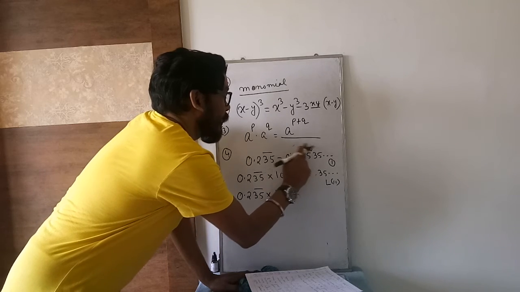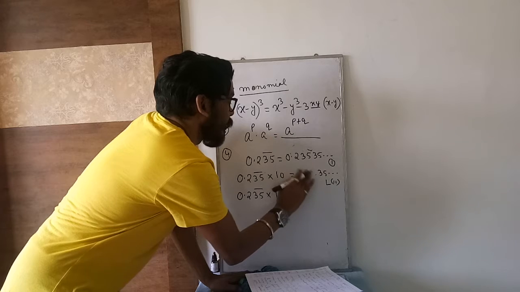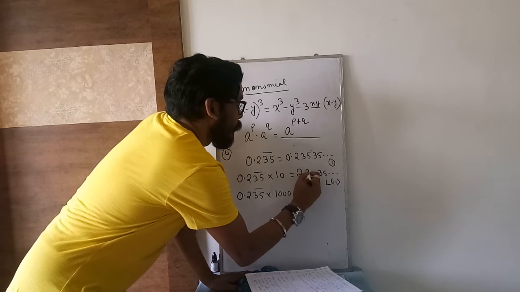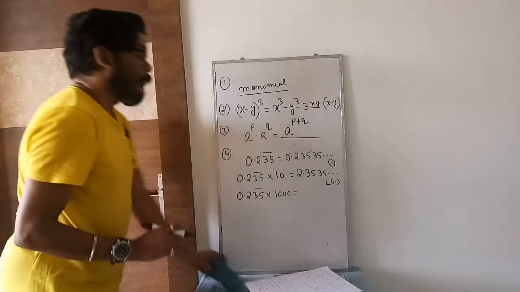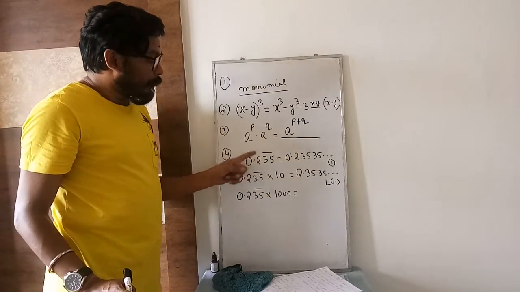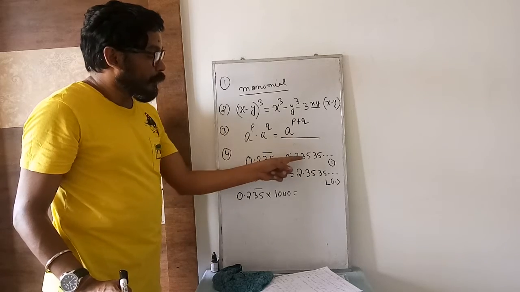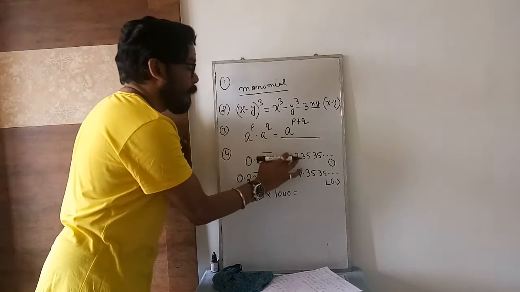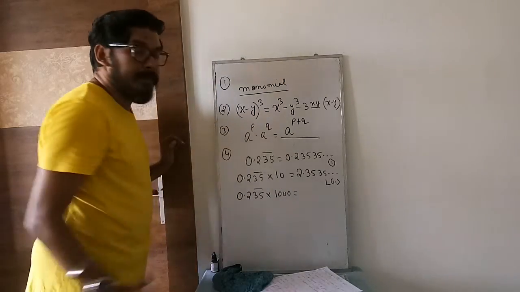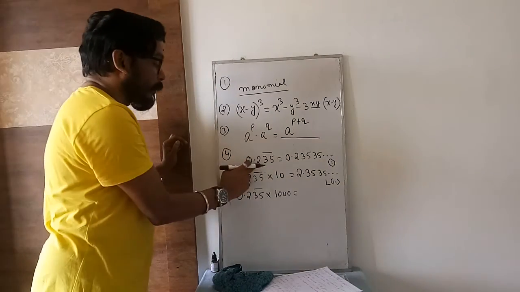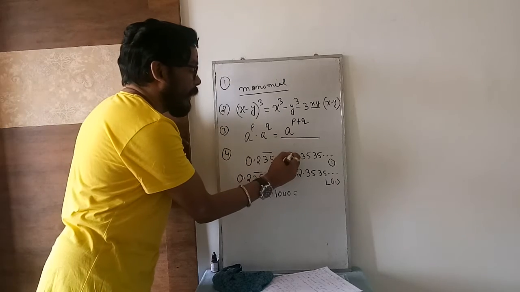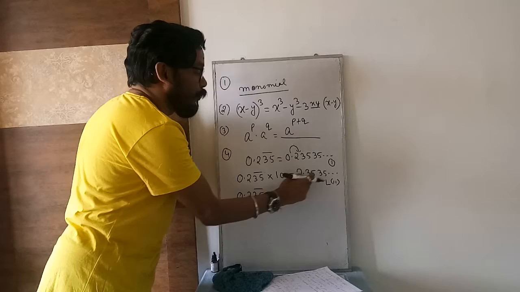So if you multiply by 10, it will be 2.3535... I repeat again: 0.235 bar, the bar is above 35, so 35 is repeated. The bar is not above 1 digit, so I multiply by 10, and the decimal shifts 1 digit, so 2.35.